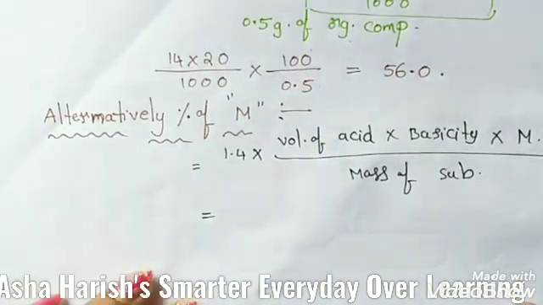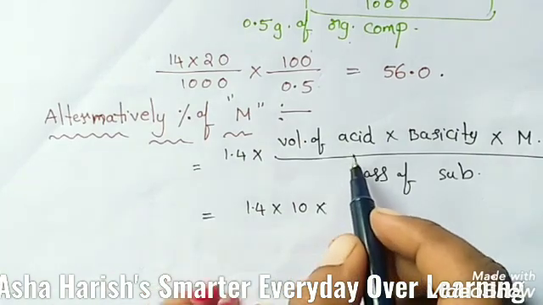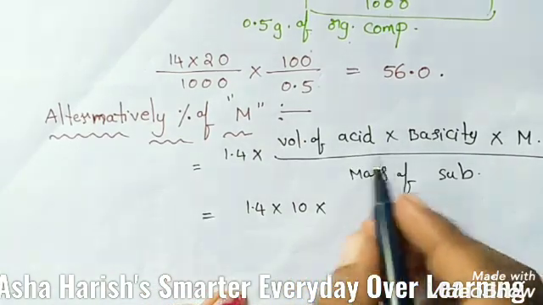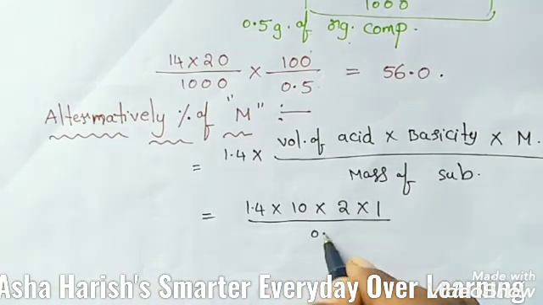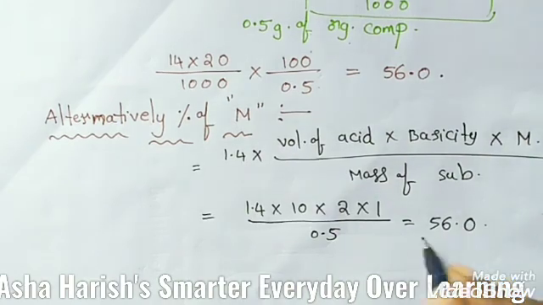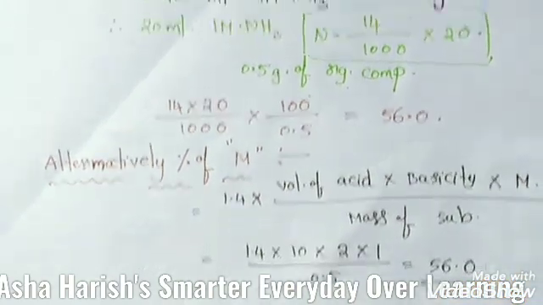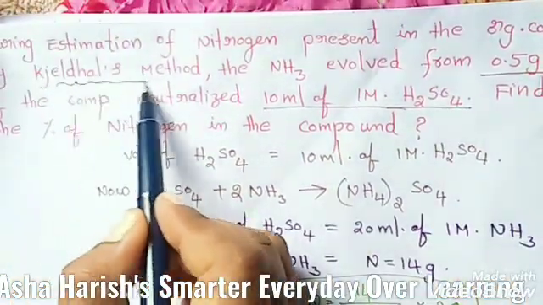Here 1.4 into 10 is the volume of the acid, basicity is 2, molarity is 1, divided by 0.5, and from this you should get simply 56. So this is the way of calculation during the estimation of nitrogen present in the organic compound by Kjeldahl's method.